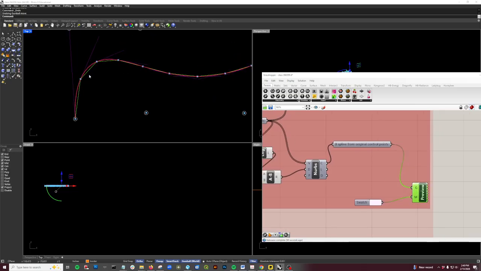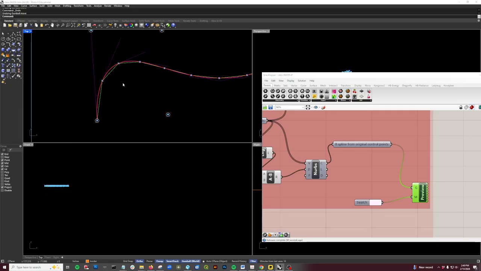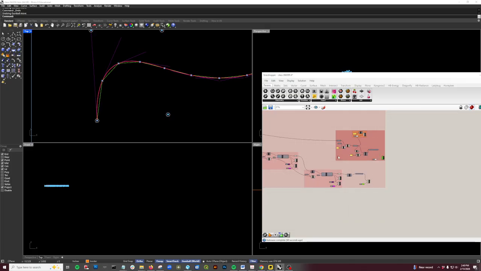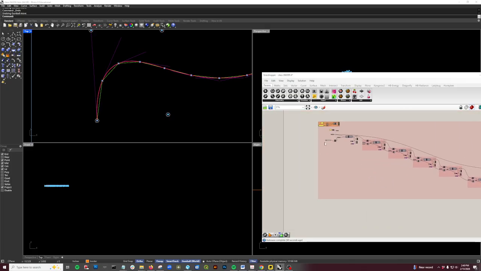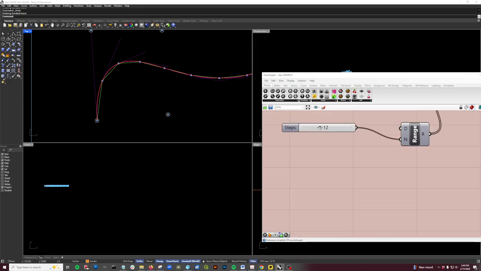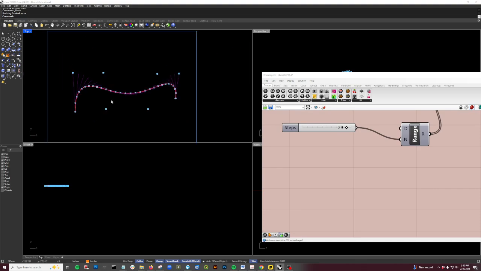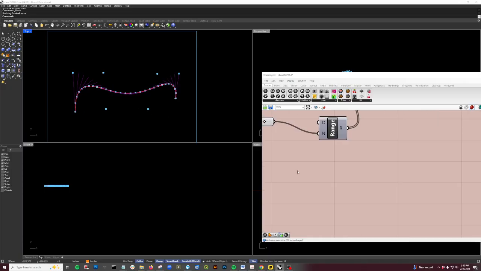And you can see that the curve that we end up with is quite similar to the green curve that we're getting from de Casteljau's, pardon my French, algorithm, and that the more we slide the slider with more divisions, the closer and closer we get to what is essentially a B-spline.